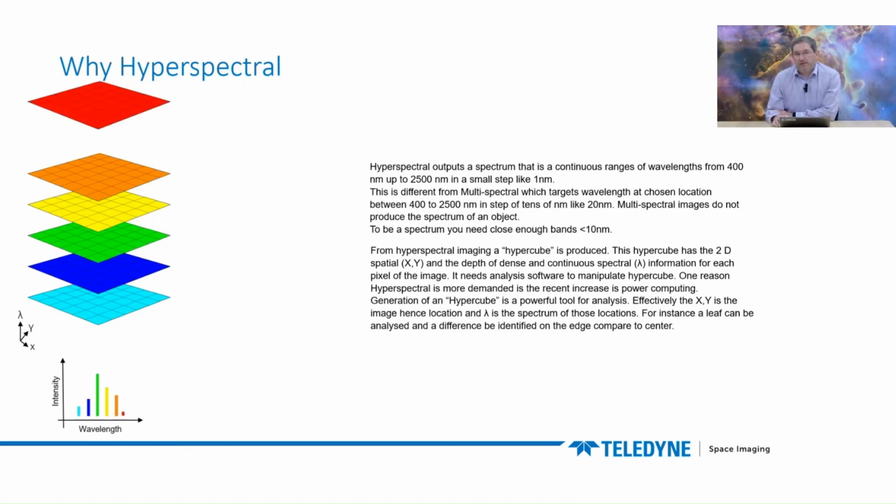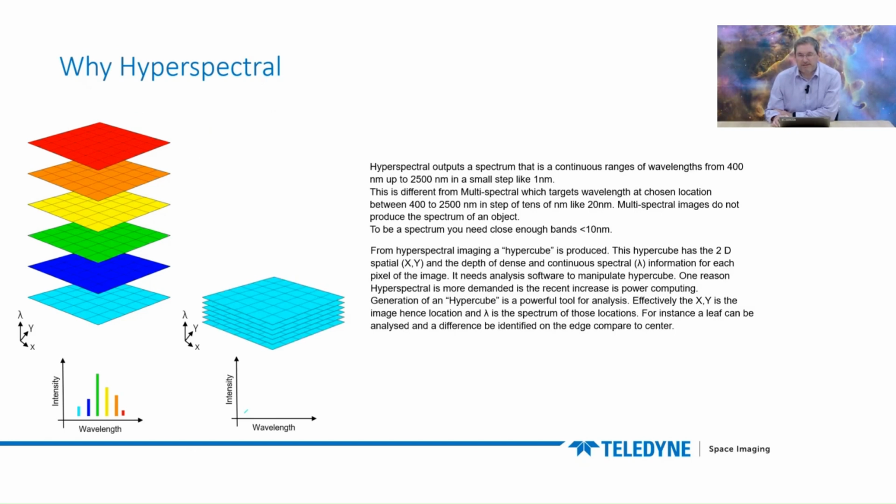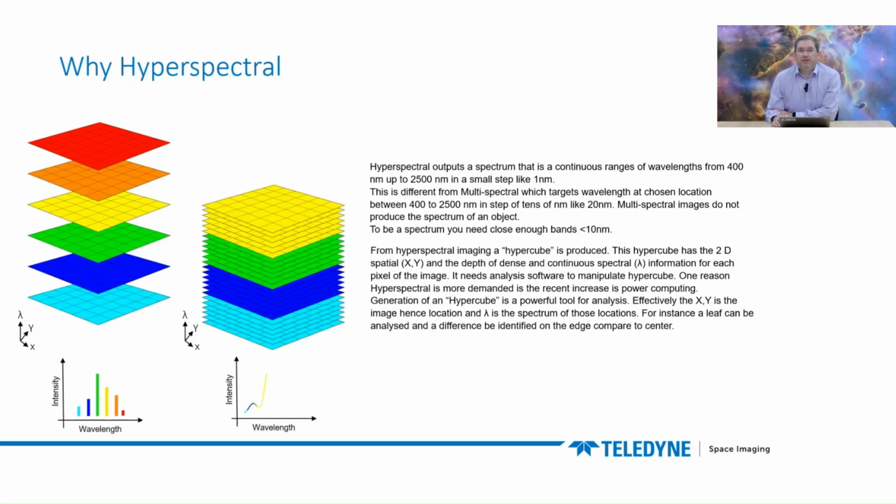In the case of a hyperspectral, that's different, as the system will output a range of wavelengths, usually from 400 nanometer to 2.5 micron, representing the radiation spectrum of the sun, in a very small step of 1 nanometer, providing a very precise spectrum of the object looked at and analyzed.